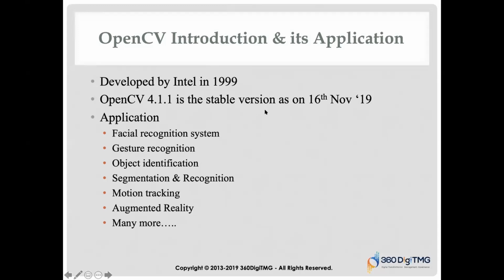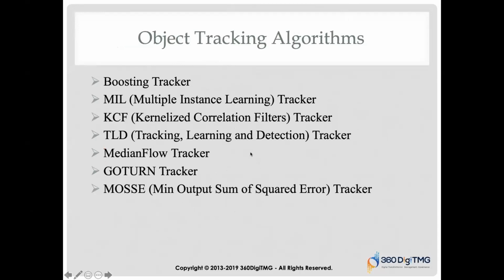You might want to use the chat window to respond. Yeah, Bharat, Pokemon, yes. And many more, basically. The applications of OpenCV are a lot. A few of the most prominent applications have been listed here.